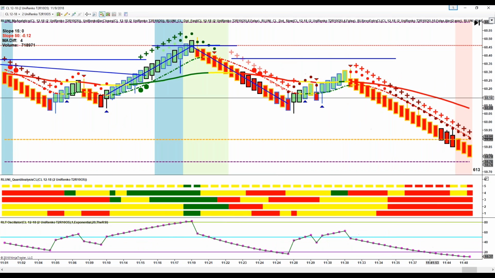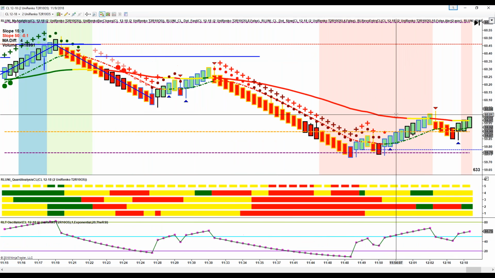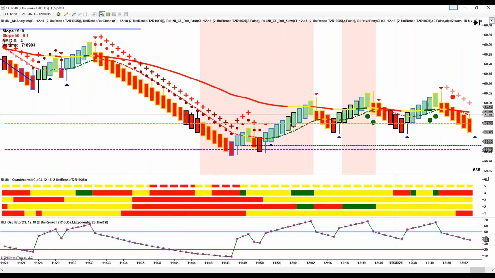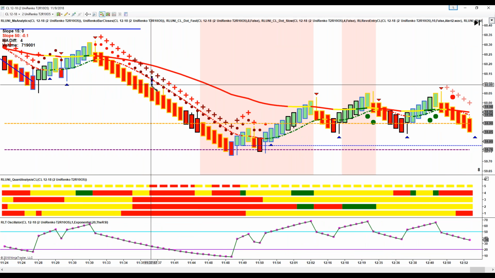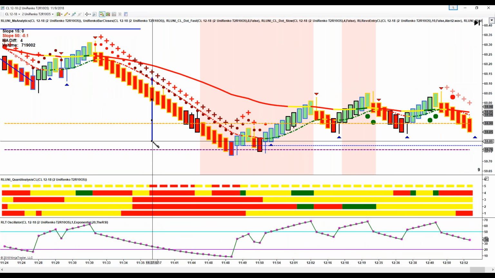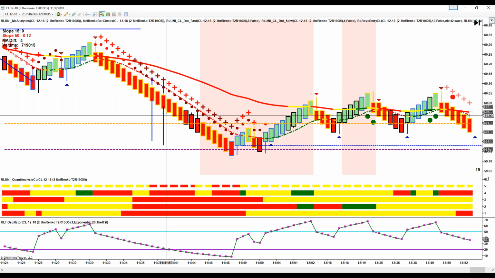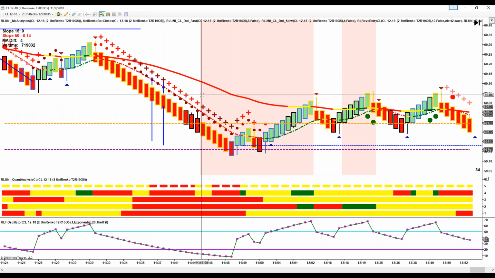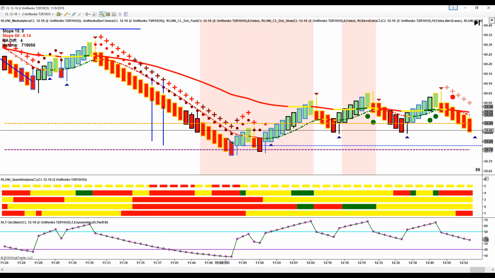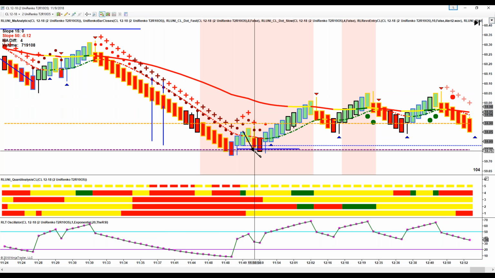This big move down, you cannot trade it. There's nothing here to trade. You'd like to take this trade here, but you can't. And if you do, you'll get a winner here, but you'll pull in 4 losers the next time you try it. Here's support, down right into it, and it bounces.